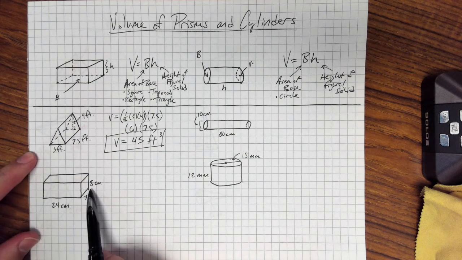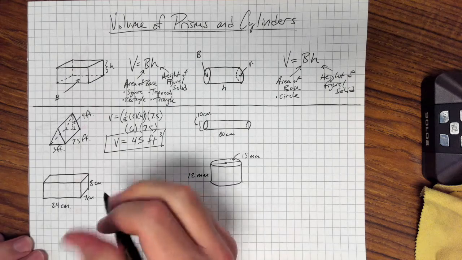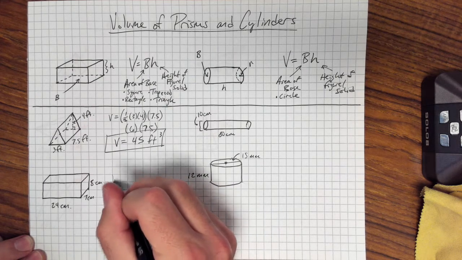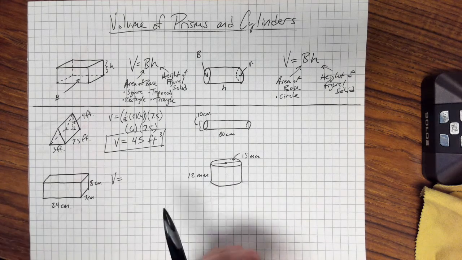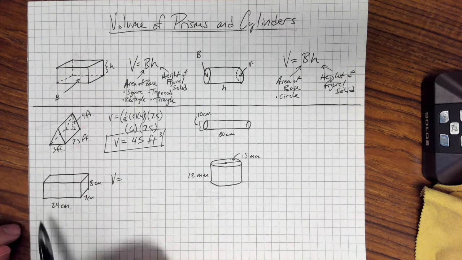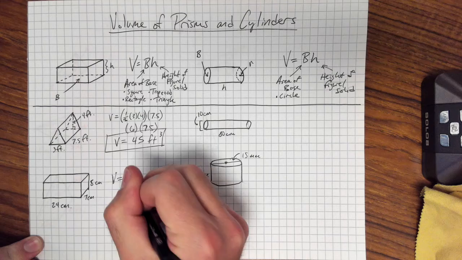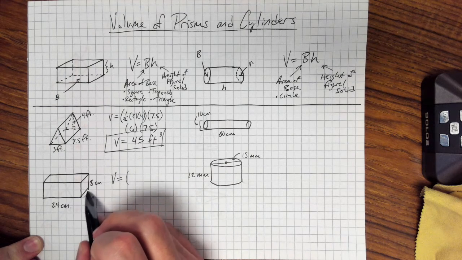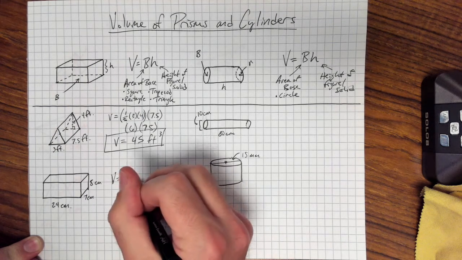Down here, this is 8, 7, and 24. So let's do this one. And the bases this time are actually going to be these two ends, right here and then back here, the one you can't see. So the area of the base would be length times width, or base times height, so 8 times 7.